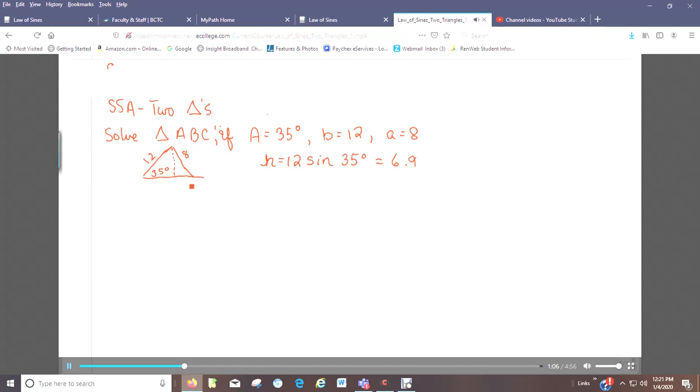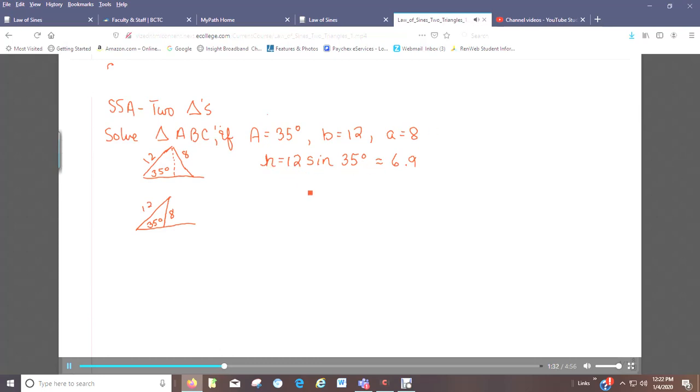Now the thing is, there's really two triangles that can occur here. We could have it doing exactly like I showed in this picture, where the 8 comes all the way down. Or another thing that could be happening is that 8 comes back in this direction. Alright, so here's how we tell.